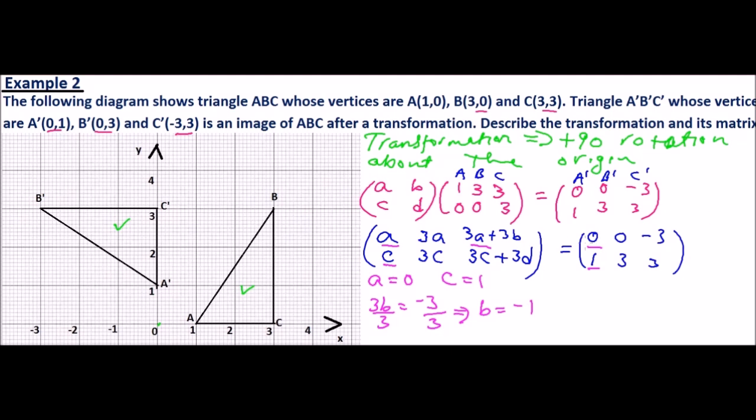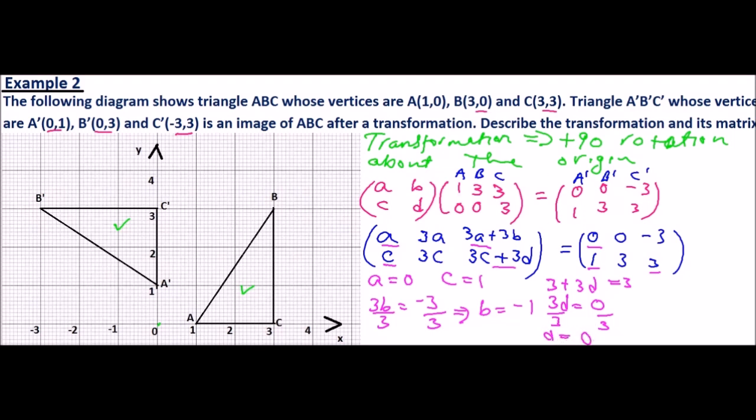So we are left with D. We have already said that our C is equal to 1. So this is 3 times 1, that will remain 3, plus 3D is equal to 3. So we take 3 to the other side. We have 3D is equal to 3 minus 3, which will give us 0. Divide both sides by 3. It means our D is equal to 0.